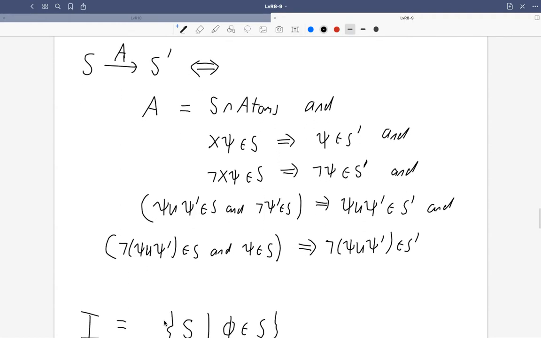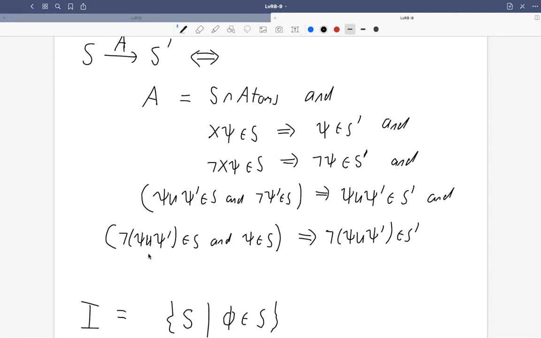And also, if we have the negation of an until operator, and the left-hand side of the until operator is currently true, so why is this true?